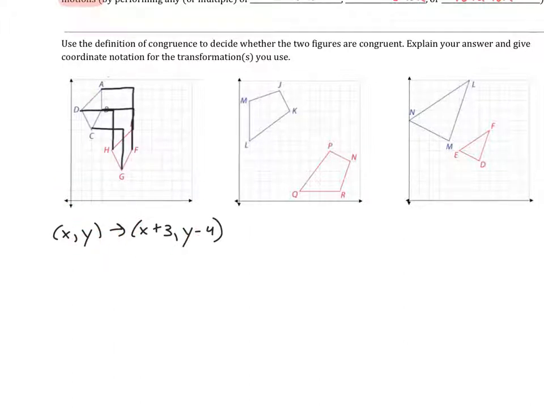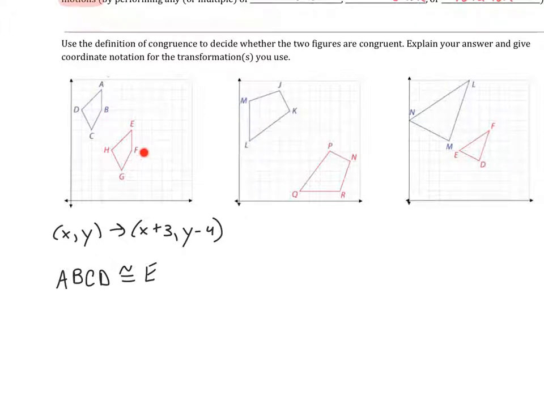Now here's the thing, you do need to make sure you match the corresponding points from the figures. So if I'm going to call that first figure ABCD, and I'm going to say it's congruent to something, I need to make sure that this A value matches with this value right here, which is E. I need to make sure that if I write A first, I'm going to write E first here.